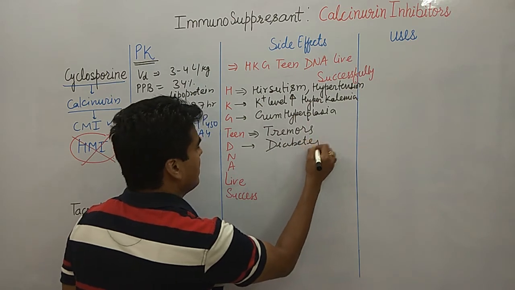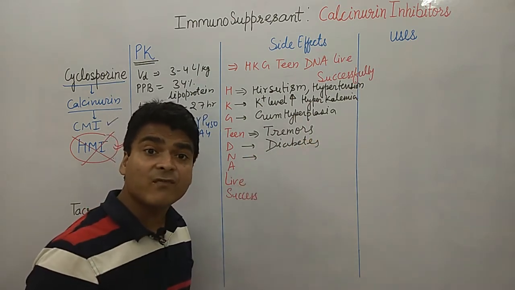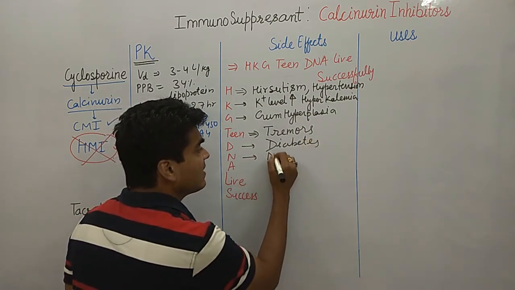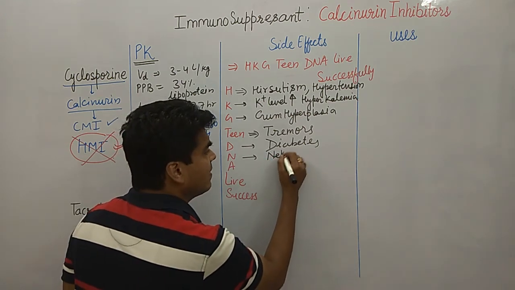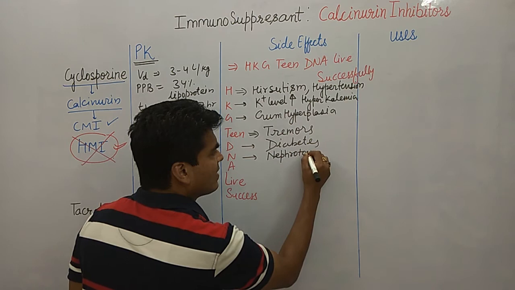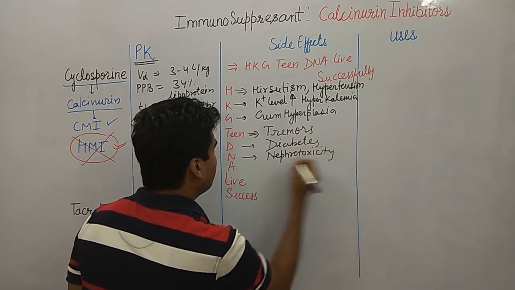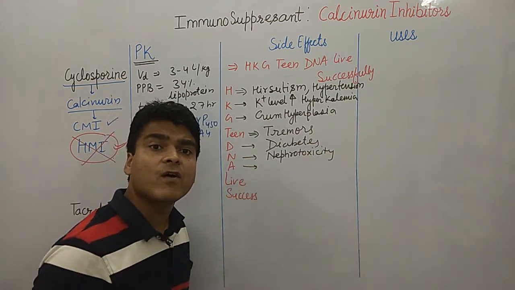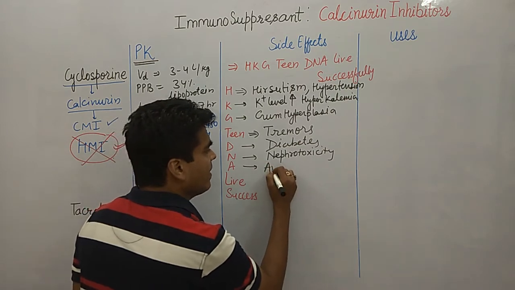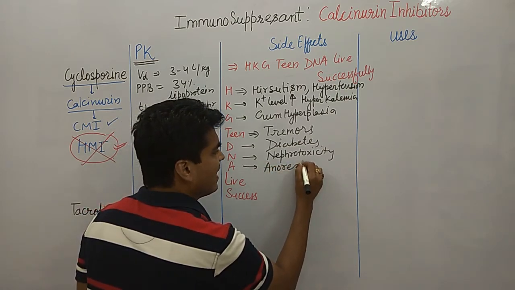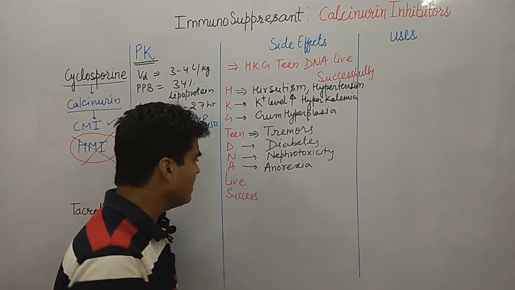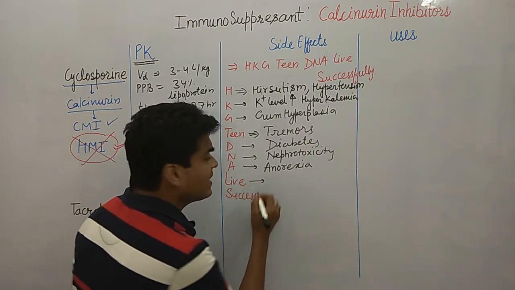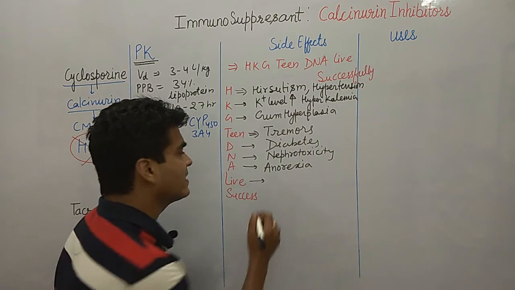N means nephrotoxicity. It is a dose limiting side effect, nephrotoxicity. Then A means anorexia, which is basically a food related disorder. Then live means it causes liver toxicity.